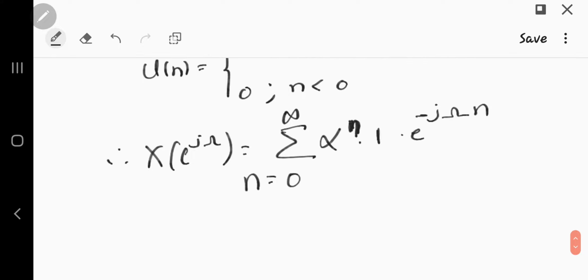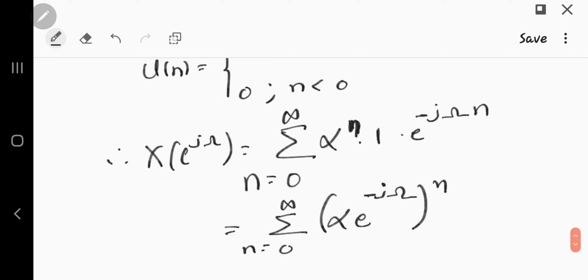Now, let us combine this. n equals 0 to infinity, alpha e power minus j omega whole to the power of n. Okay. So, this is for my convenience, I am doing this. Why?